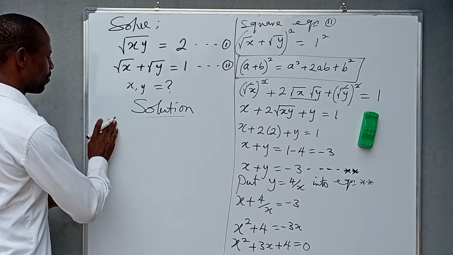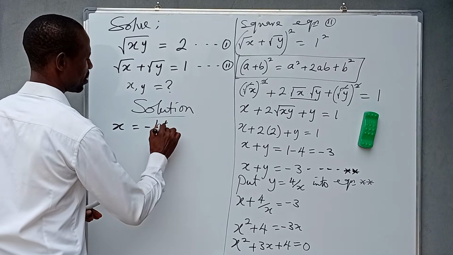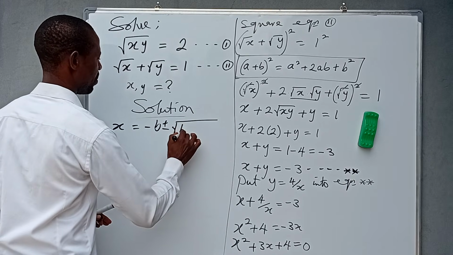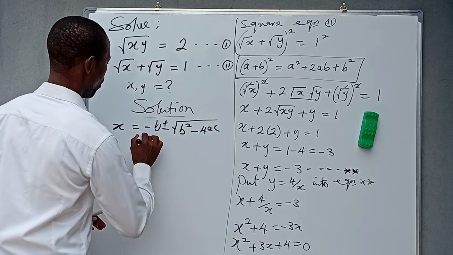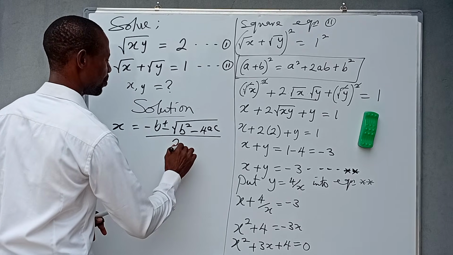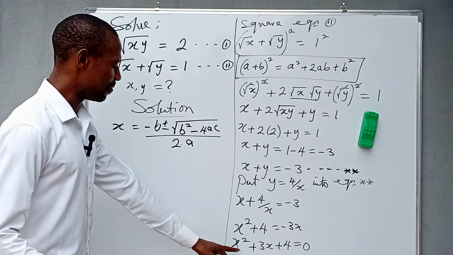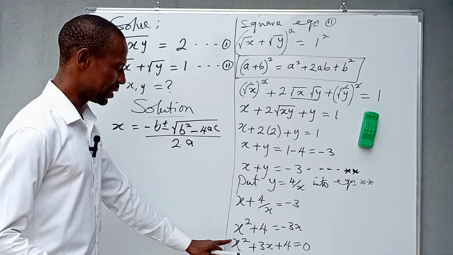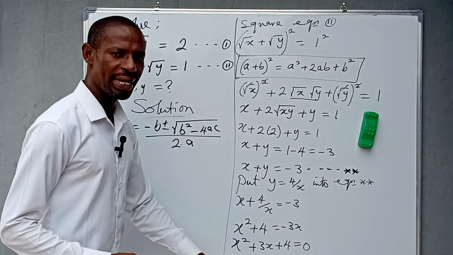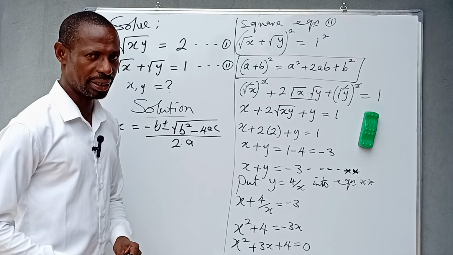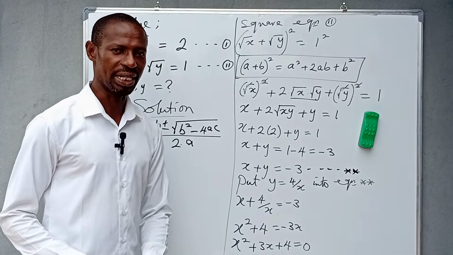The formula says x is equal to minus b plus or minus the square root of b raised to power 2 minus 4ac, all over 2a, right? The value of a here is 1, which is the coefficient of x to the power of 2. The value of b is 3, the coefficient of x, and the value of c, which is the constant term, is 4.